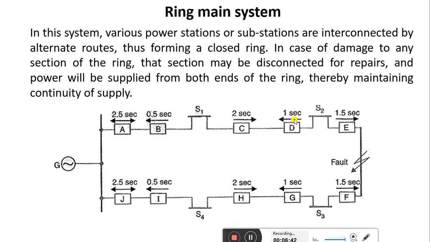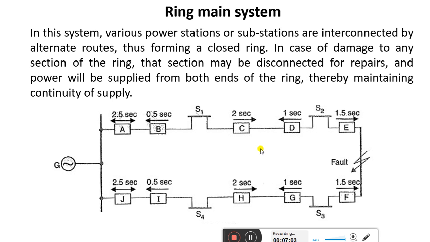This is the description of this whole circuit. Now we will discuss how this system will work if there is a fault. Here we have shown a fault in between the circuit breakers E and F.